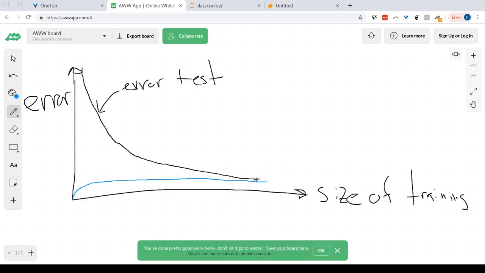And they will form some limit. They will indicate the limit. And we can use this as a guide to tell us whether injecting more observations into our analysis is going to help us out. If we have this amount of data, whatever this number is, then this is telling me that, you know what, adding more data isn't going to really improve the model's performance.